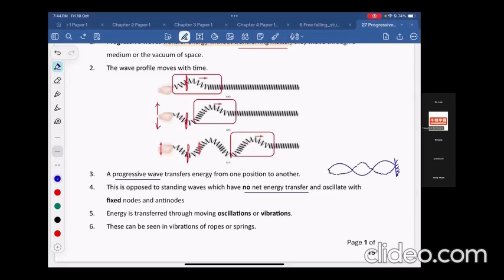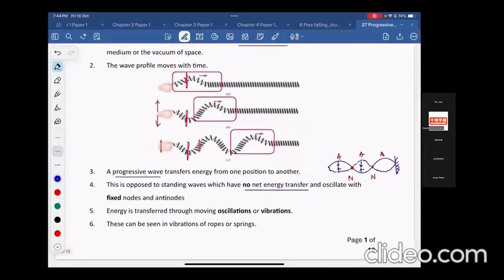Here they will form nodes, and here antinodes. This one we will learn later. Right now it's just an introduction. They will oscillate like this, up, down. This is called stationary wave, or standing wave.